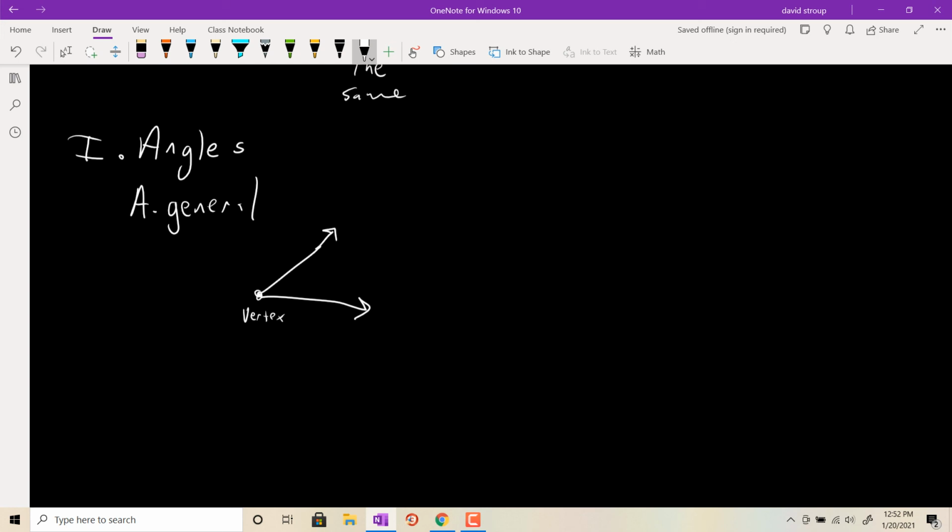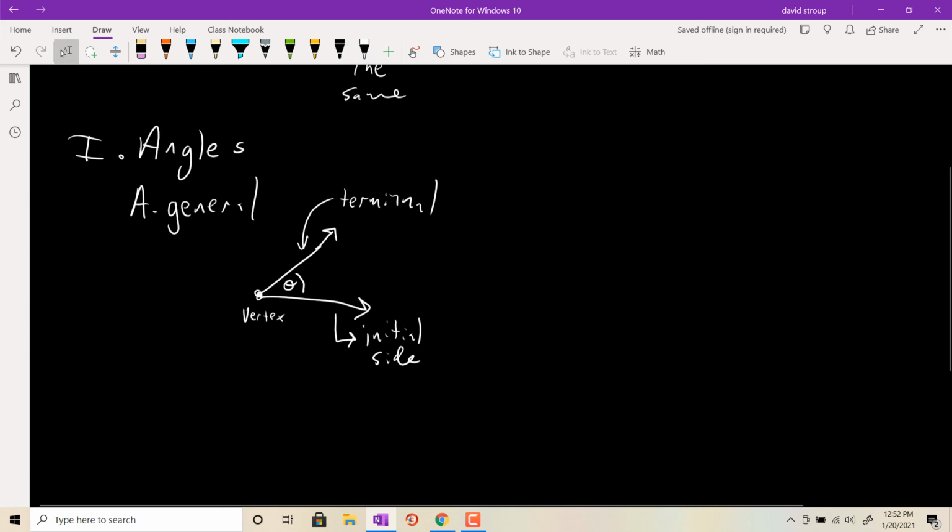There are two sides here, and each one of these line segments represents a side. This side here we'll call the initial side, and this side here we'll call the terminal side. And here in the middle will be the angle.